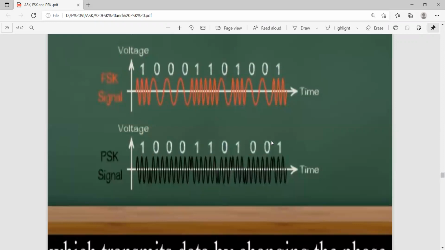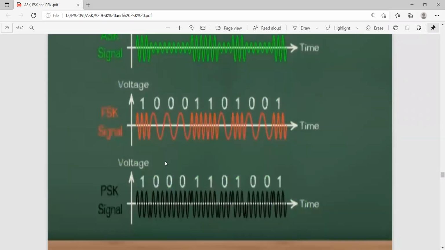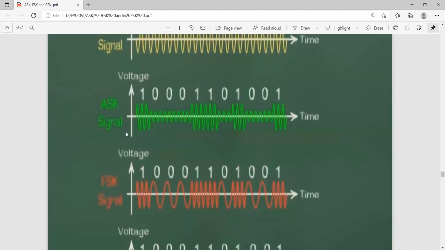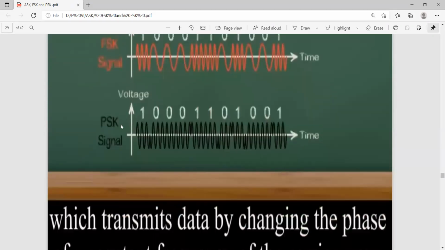Now coming to the phase. In this page, all 3 types of signals are shown. This is the generated ASK signal, this is the FSK signal, and this is the PSK, that is phase shift keying. That means if there is any change from 1 to 0, the phase will change.